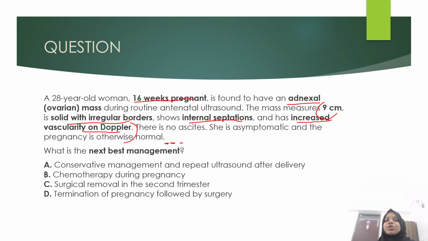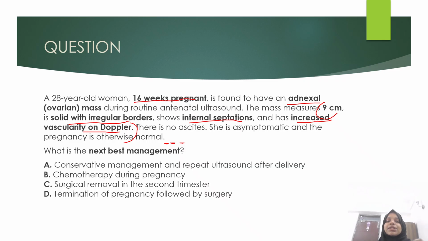But here in this patient, she's already in her second trimester and it's big enough, that is 9 cm, and there are some suspicious features of malignancy, right? Like it is solid with irregular border and internal septation and has increased vascularity on Doppler. All these are red flag signs in an ovarian mass.